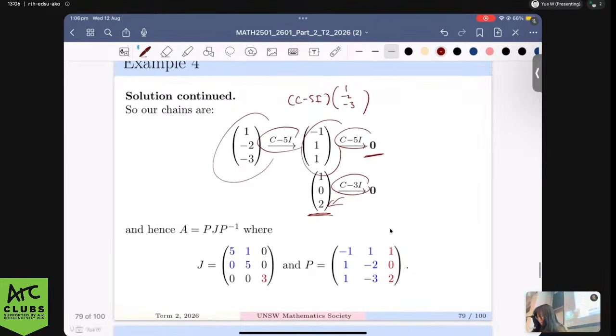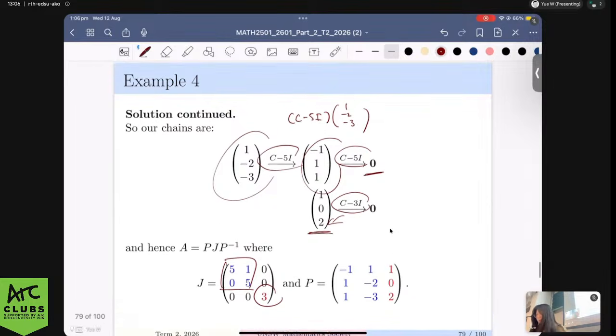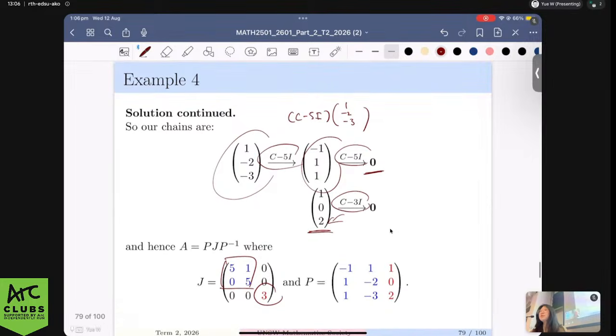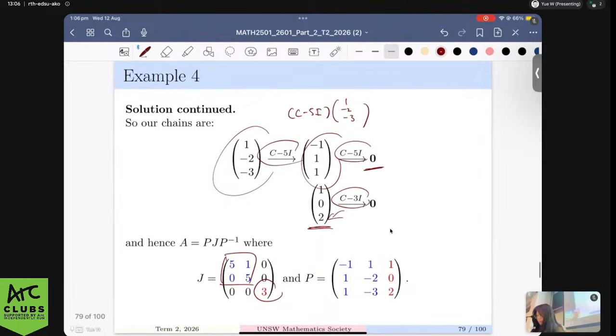So our first block will be this here, because our eigenvalue of 5 occurs 2 times. And then you're left with 3. And now you just want to put in what you computed using the Jordan chains. You start off with 1, minus 2, minus 3, so you put this at the end, and then you're left with minus 1, 1, 1, so you put this at the beginning.